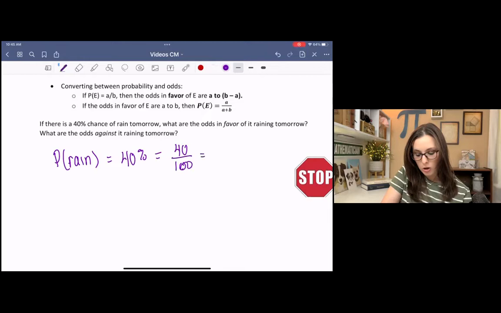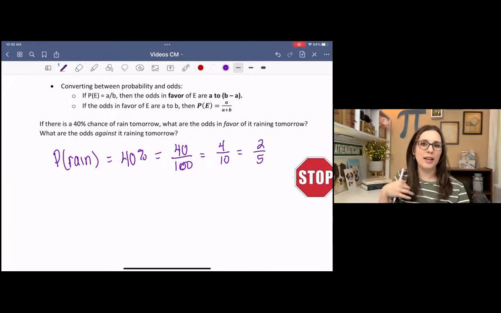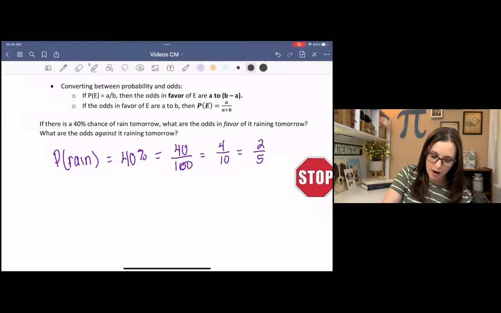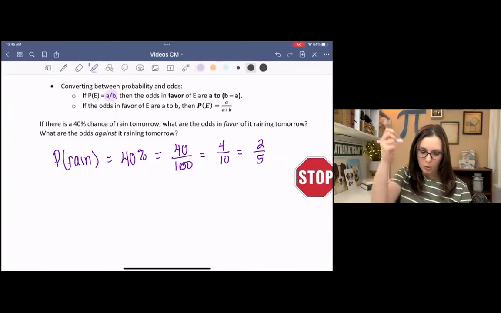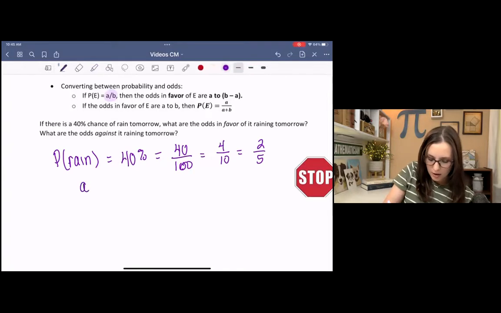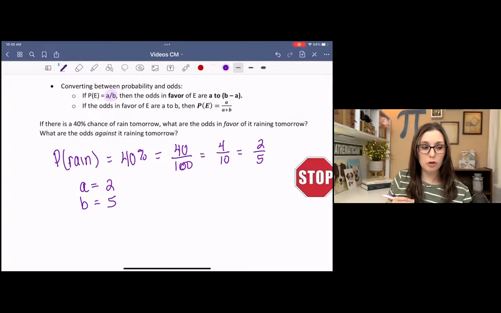And then reduce. We can go a little bit at a time, okay, divide by 2. So the probability of it raining is 2/5. So I have found this right here, where A is 2 and B is 5, 2/5. That's just a reduced form or simplified form of 40% in fraction.